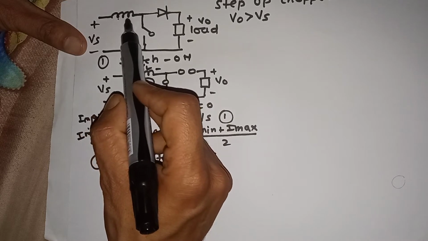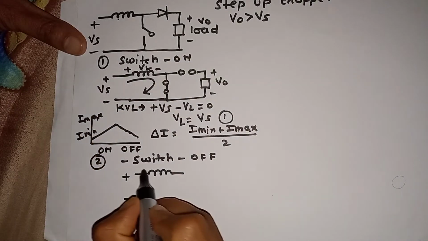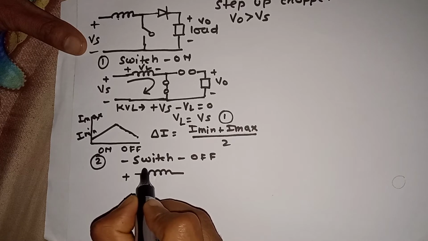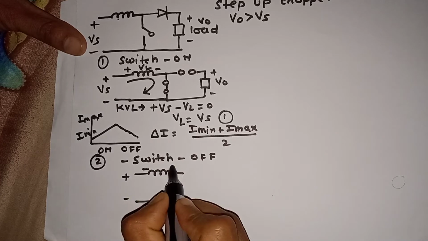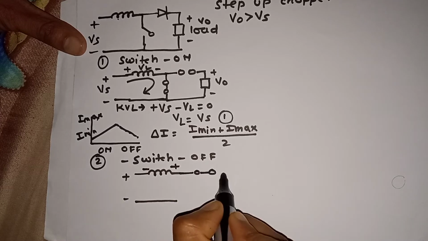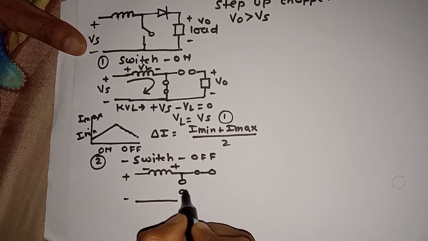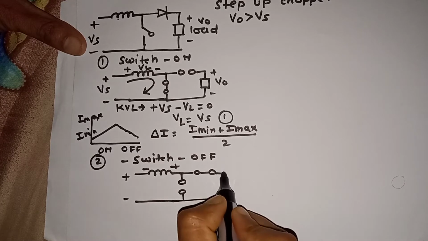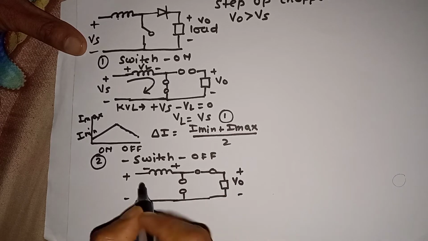So all current flows through the load, and the inductor releases the energy through the diode. By the nature of the inductor, the polarity is now reversed: here will be negative, here will be positive, and the diode is a short circuit because all the current flows through it. The switch is open, so it is an open circuit, and this is the load VO plus minus.